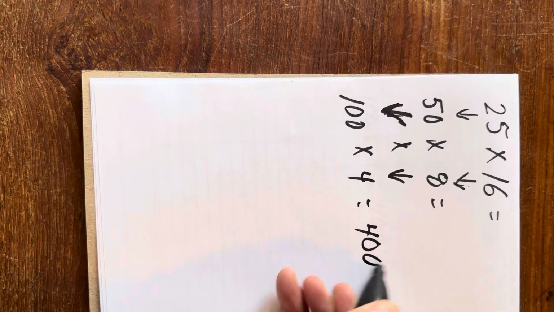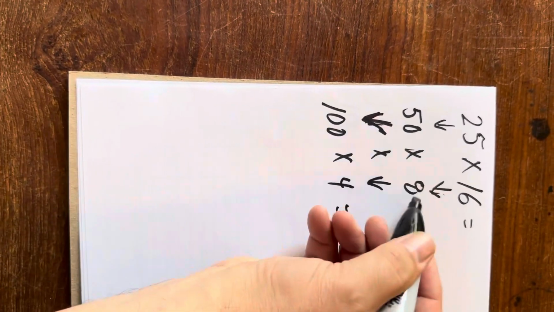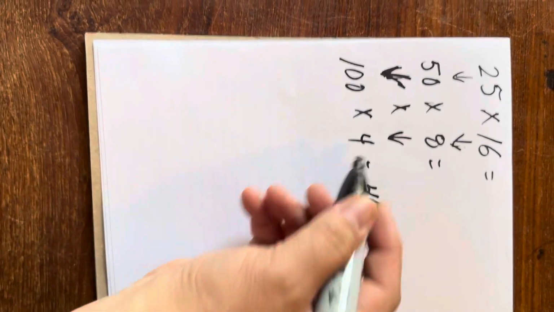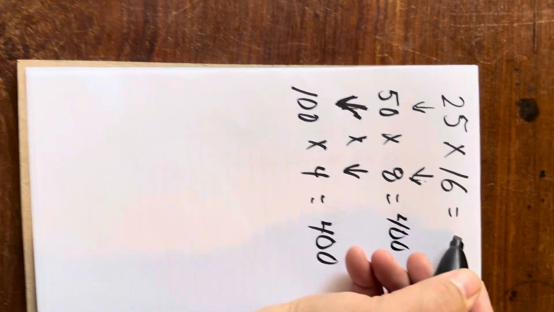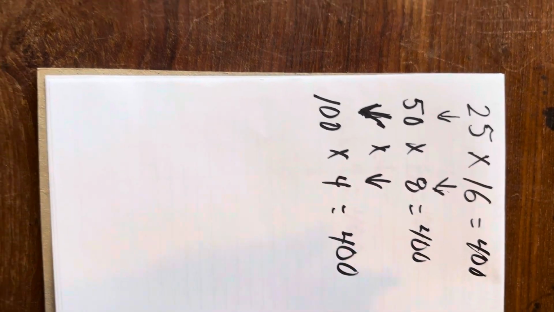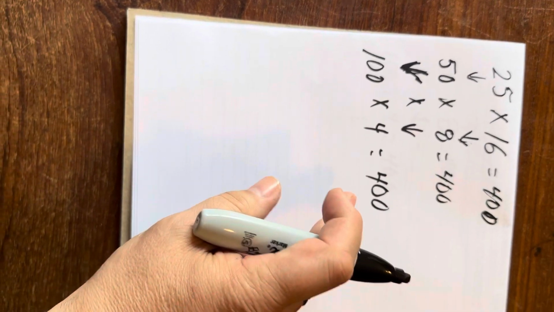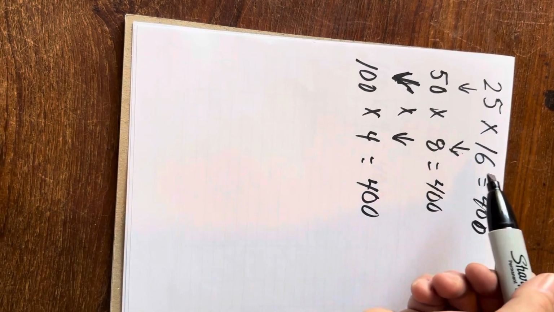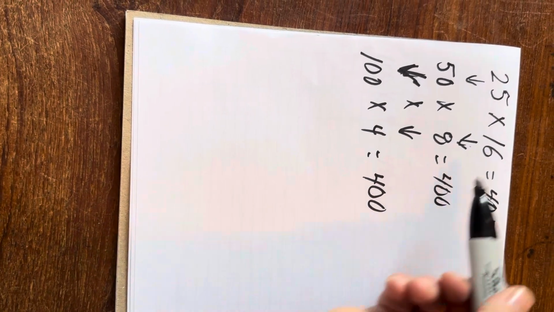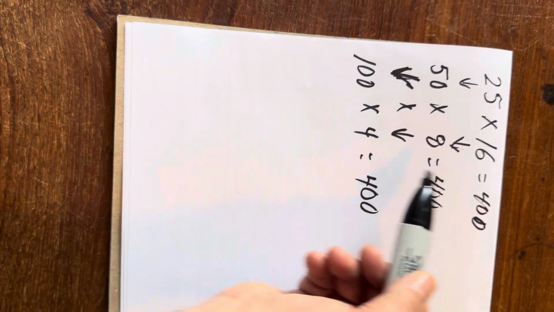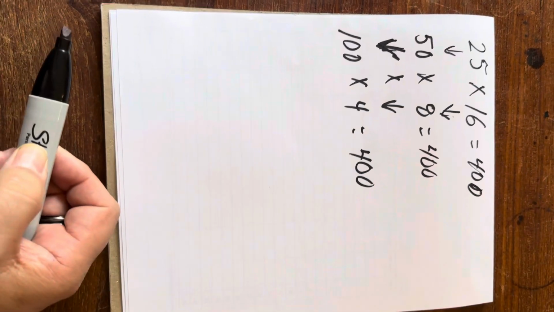It gives you 400, which is a lot easier to do than even this or this. And so if this is 400, then this has to be 400, and this also has to be 400. But they would clearly see that by doubling and halving each side, the process gets a lot easier. It's a lot easier to multiply 4 times 100 than it is 25 times 16 in your head.